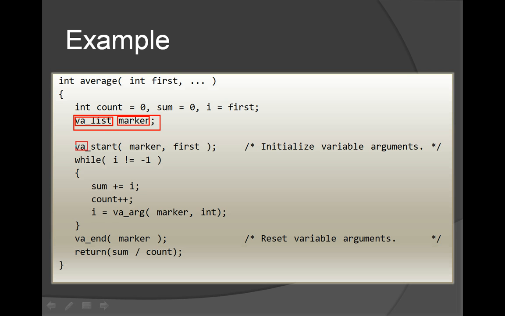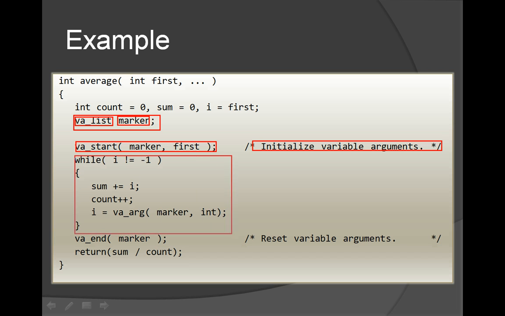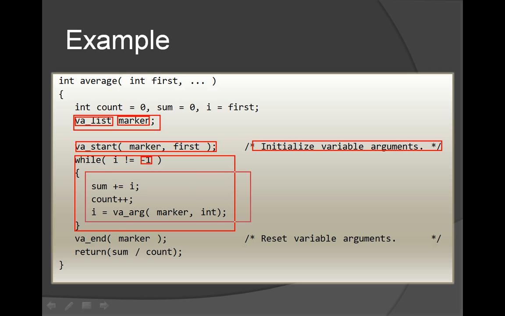This is the initialization function. It initializes the variable number of arguments. Then here we are extracting one by one until -1. If we get -1, we don't run this loop. As per our logic, -1 is the end of the arguments.